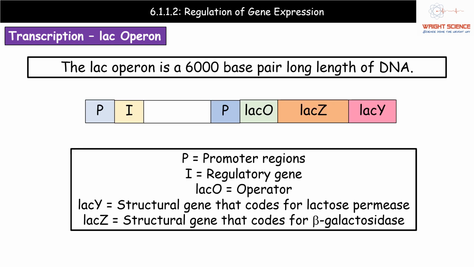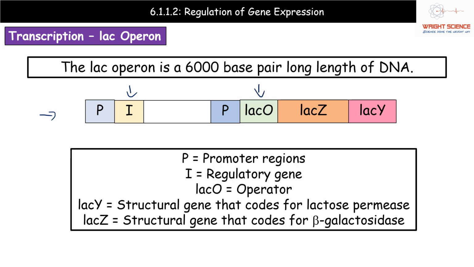So the lac operon is a 6,000 base pair long length of DNA within that bacterial genome. Basically it looks like this. What we've got here is the little section of DNA that is the lac operon. The P regions are promoter regions. This I is our regulatory gene. We then have three of these things that have lac in front.